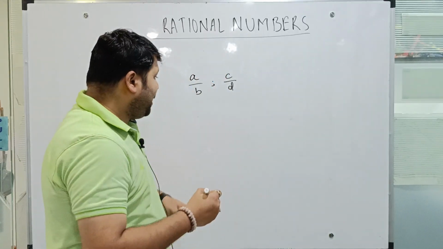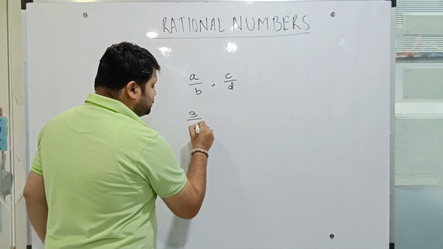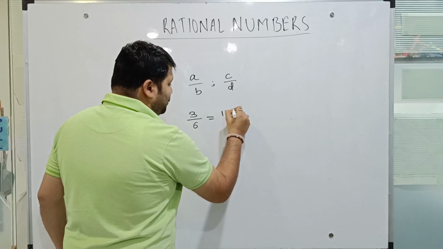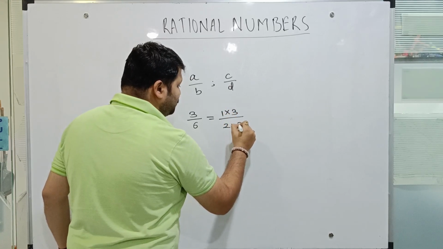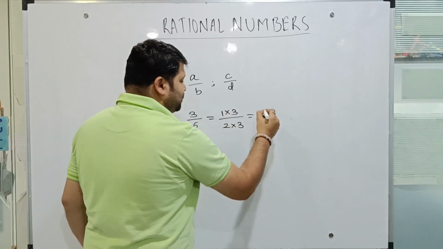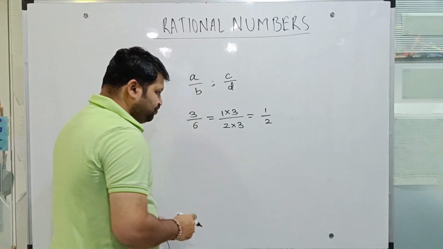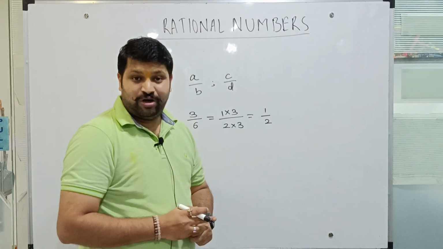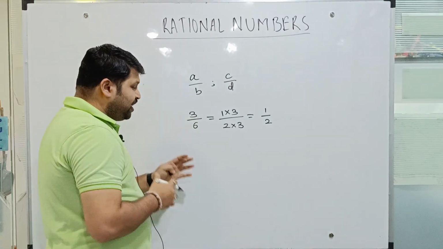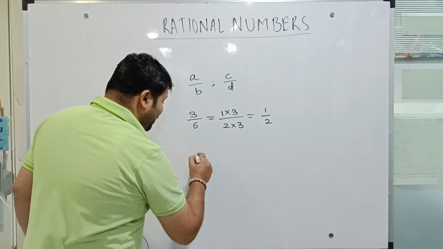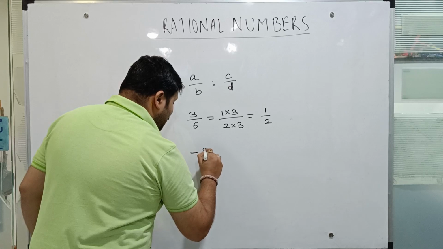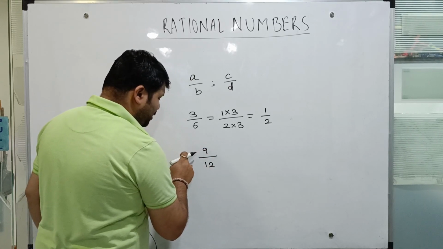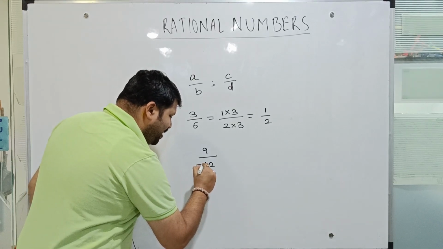So if I have 3 upon 6, then I can write it as 1 multiplied by 3 upon 2 multiplied by 3. The 3's get cancelled and I have 1 upon 2. So this would be the standard form of 3 upon 6. Now if we check out the negative sign, let's take 9 upon minus 12.